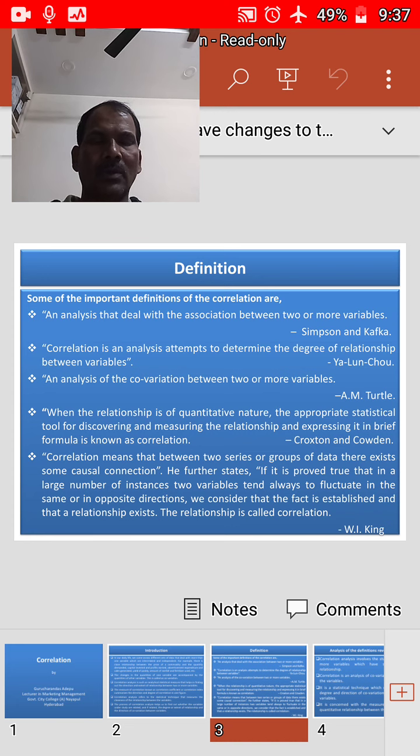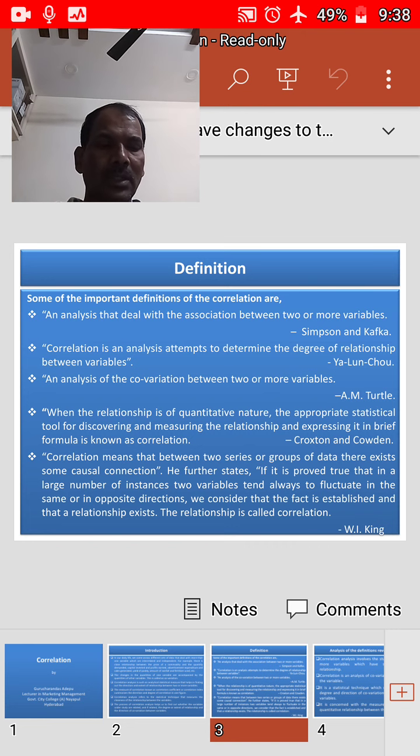A further comprehensive definition is given by W.I. King. According to him, correlation means that between two series or groups of data, there exists some causal connection. That means a cause and effect relationship between the variables.